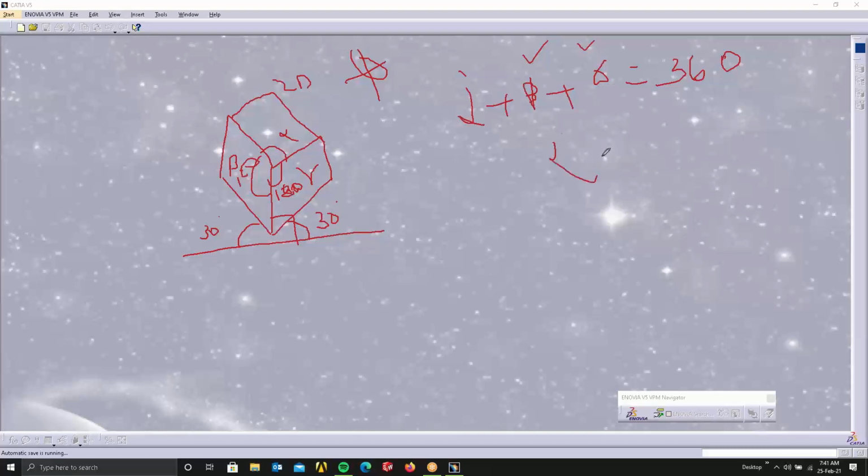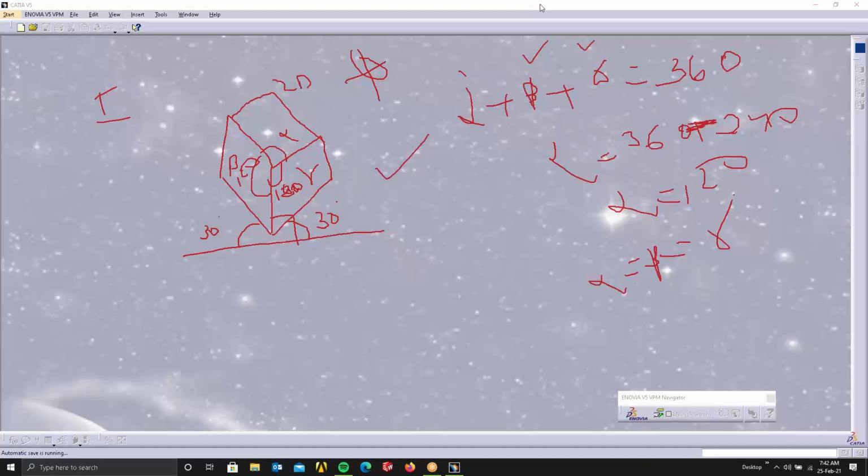So we don't know alpha. Alpha is 360 minus 240. So alpha is equal to 120. So alpha is equal to beta is equal to gamma. In isometric view, all the angles will be the same. It will be lifted 30 degrees at inclination.